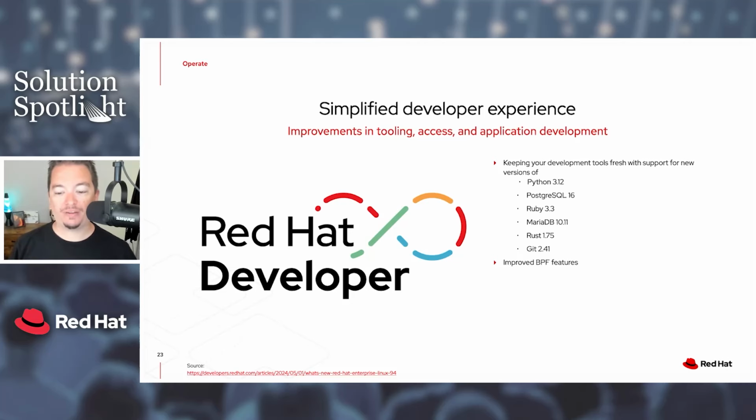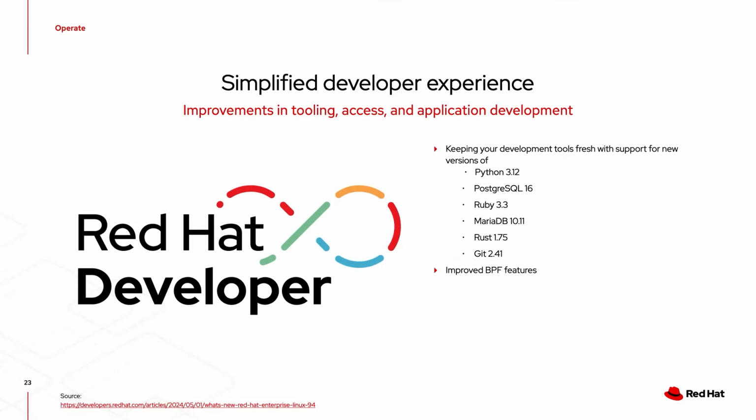And probably my favorite on the list is a newer version of Git 2.41 and a newer version of Git LFS as well. Developers love building their applications and building their tools on top of Red Hat Enterprise Linux because through tools like containerization or application streams, we help make it easy for you to choose your own adventure, choose your own speed as to what toolkits you're using.